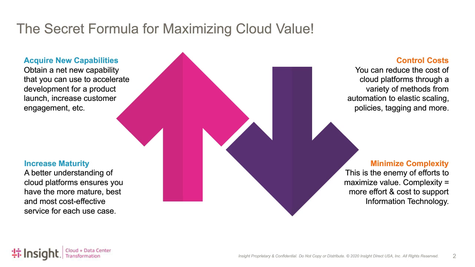Increasing the maturity of how you're leveraging public cloud is a big lever for getting the most value out of your cloud platform. If you don't understand the functionality and how to best leverage it, you're going to be paying a lot more than you need to run workloads in the cloud.